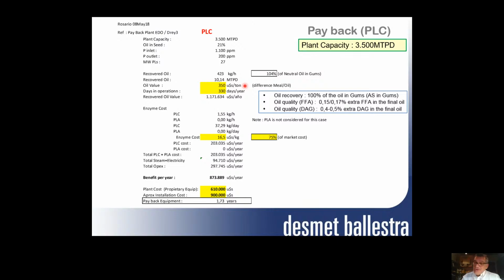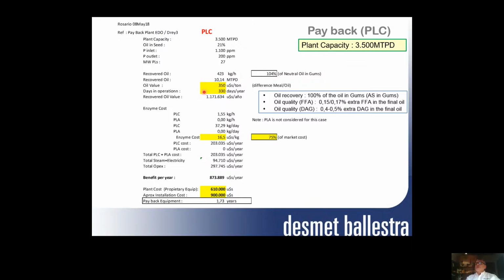Well, it's true, but it's a very conservative way of looking at this, because in many cases we are not able to add anything to the meal. So this difference is almost the full price of oil, about 650 US dollars per ton. So naturally, the payback would be much better.